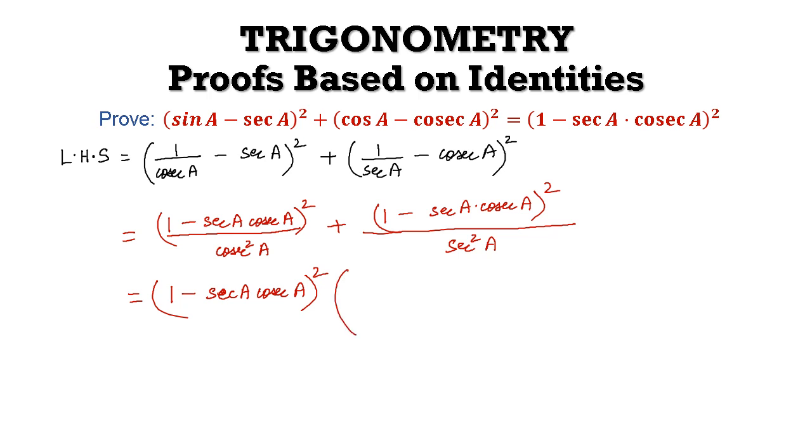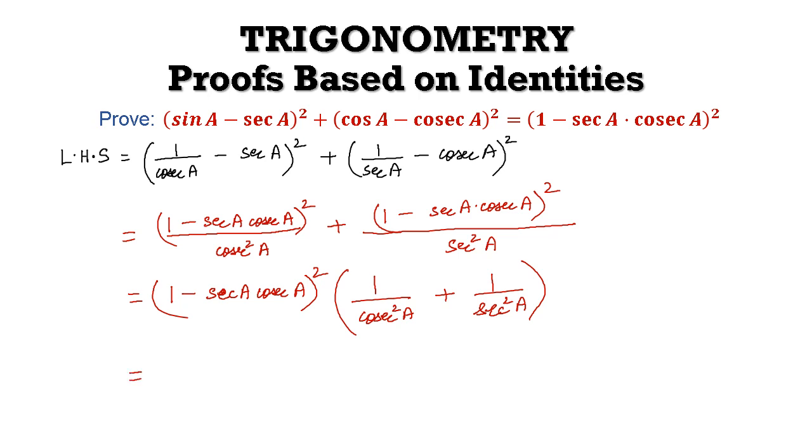What is left with us is, for the first term, 1 over cosecant square A, and for the second term 1 over secant square A. Now it is very clear that our task is cut out. We have already got what we want on the right hand side, and we have got an extra factor. So this extra factor must be equal to 1. That's the only way left hand side is going to be equal to right hand side.